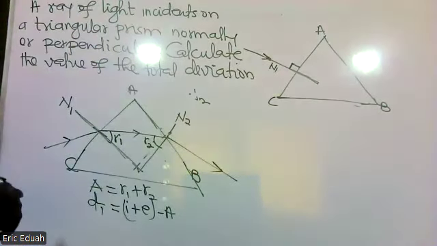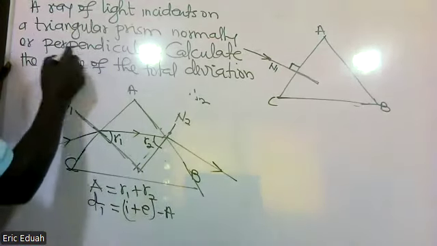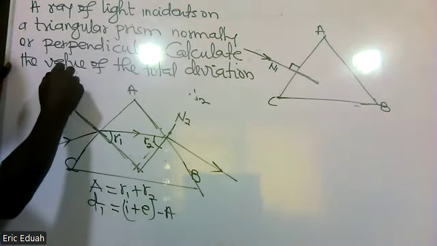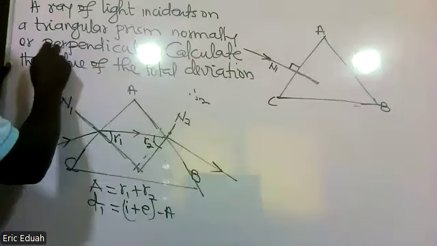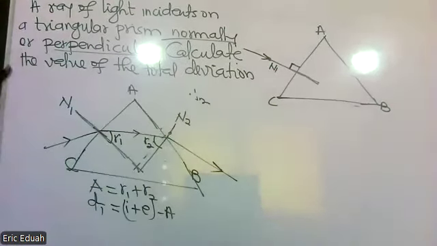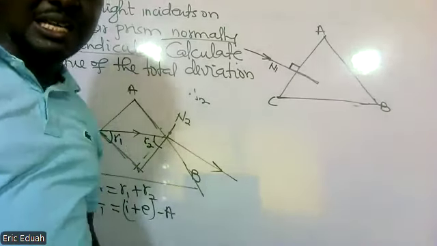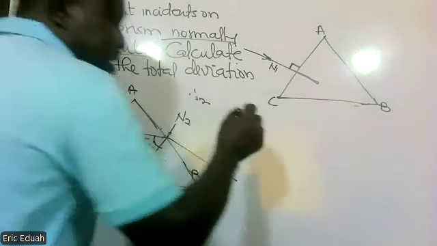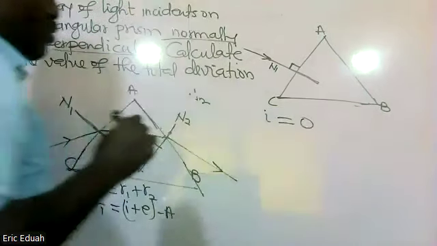This is what the question means by the light being incident normally or perpendicularly on the glass prism. And if light is incident on a triangular prism perpendicularly, it means angle of incidence I is equal to 0.